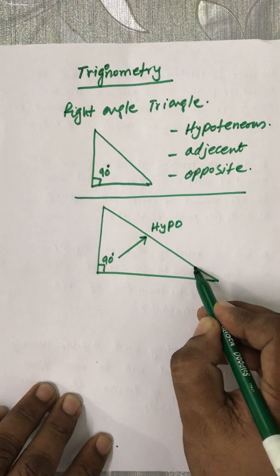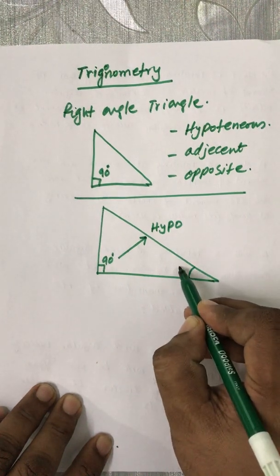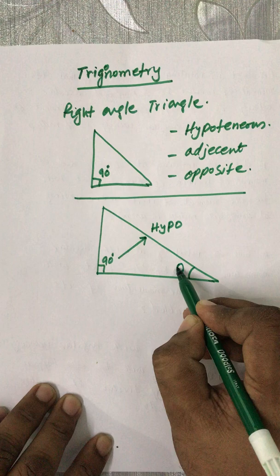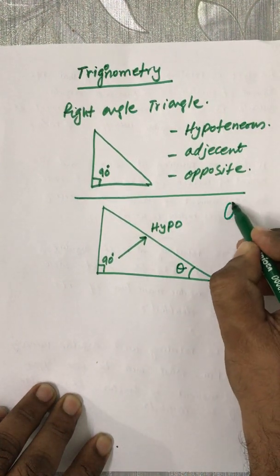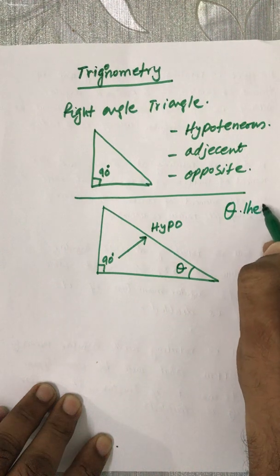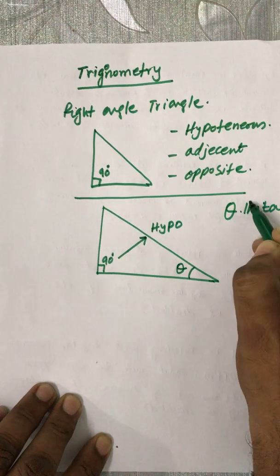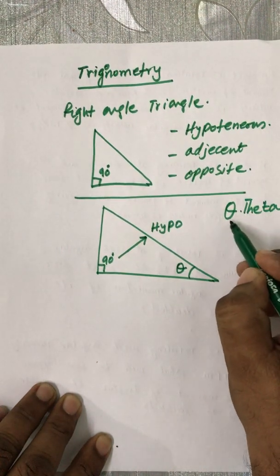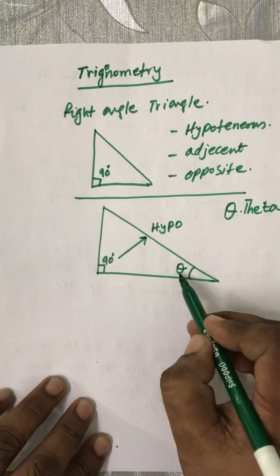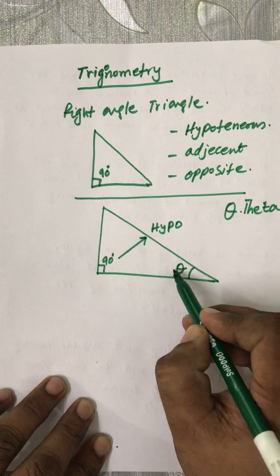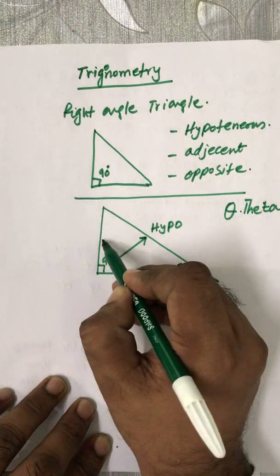As I told you, here in this case I am considering this angle, and the symbol for angle is theta. Theta is a symbol for angle. If this is our angle, then the side opposite to this angle will be called opposite.